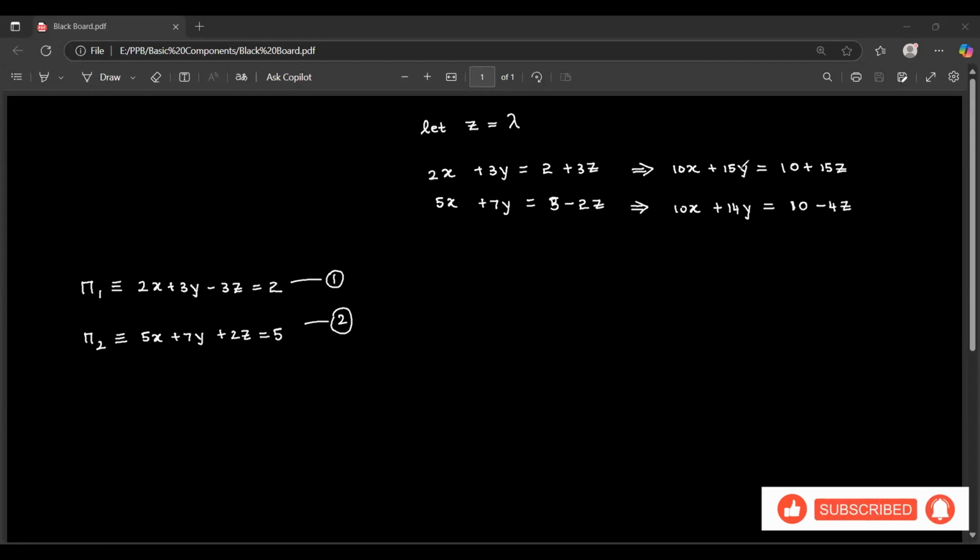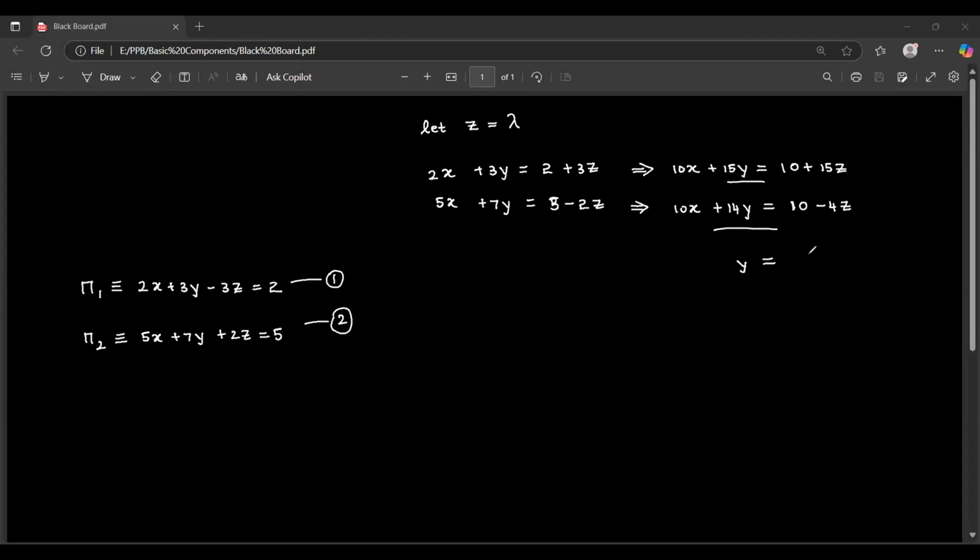If I subtract this equation from this, the 10 cancels, so I will get y equals 19z. If I substitute this in one of these equations, I will get 2x plus 57z equals 2 plus 3z. So 2x is equal to 2 minus 54z. So x is equal to 1 minus 27z.